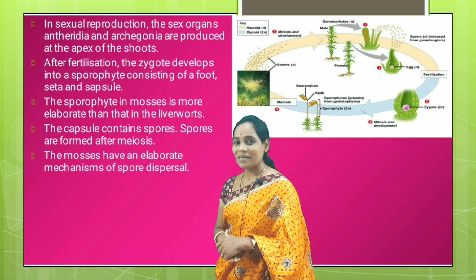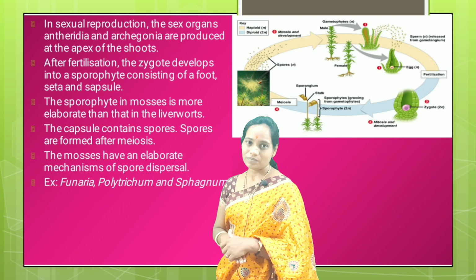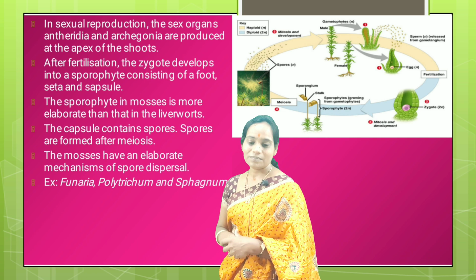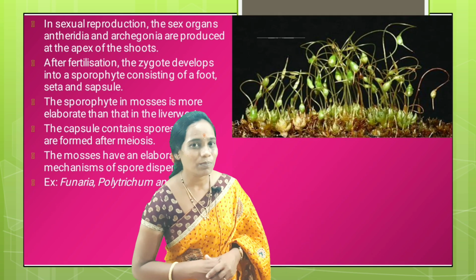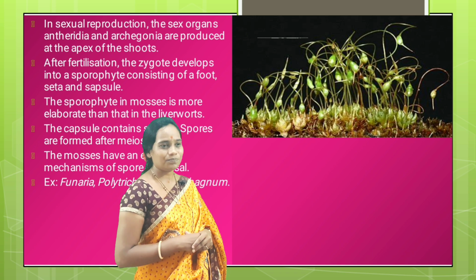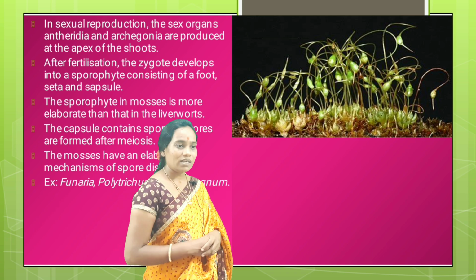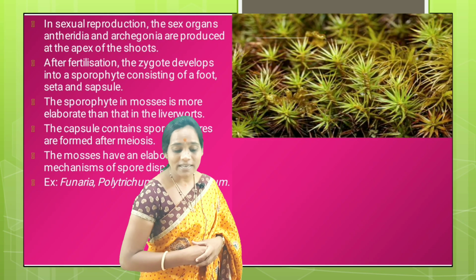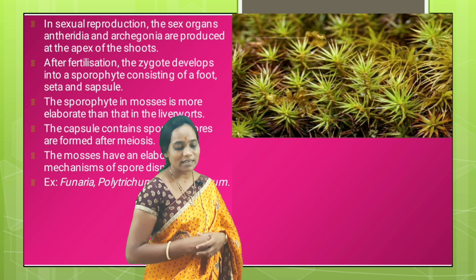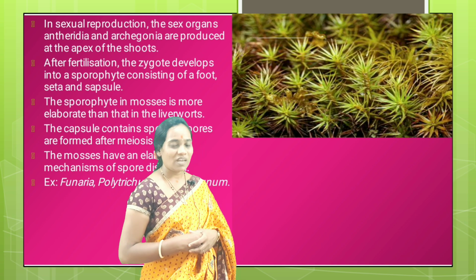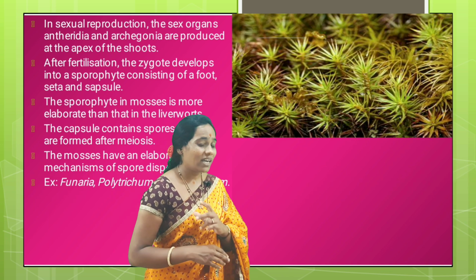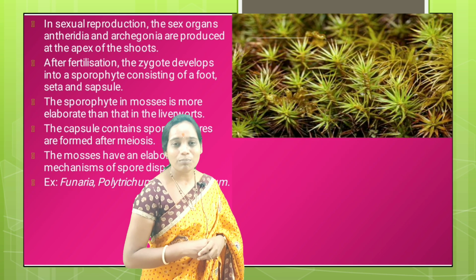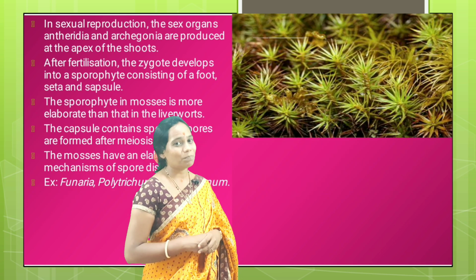Then coming to the examples for mosses. The first example is Funaria. The second one is Polytrichum. And the last moss, which I explained in the economic importance involved in the production of peat, is Sphagnum.